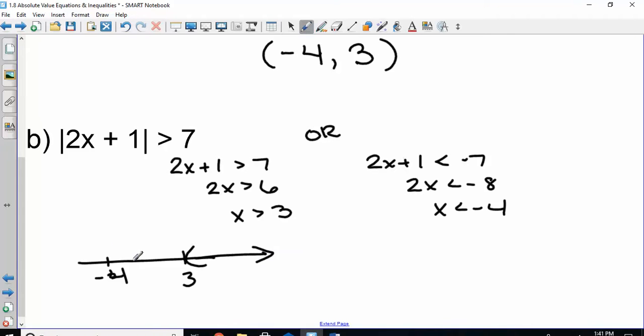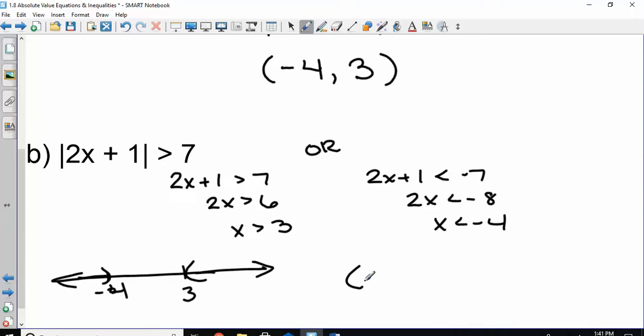Greater than 3 looks like this, less than -4 looks like this. We have to write the two pieces together. So the interval notation going left to right would be -infinity to -4 union 3 to infinity.